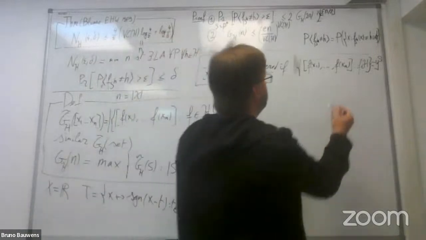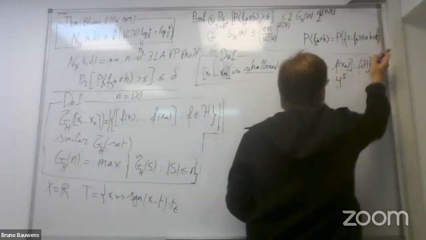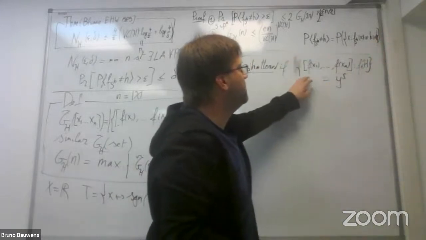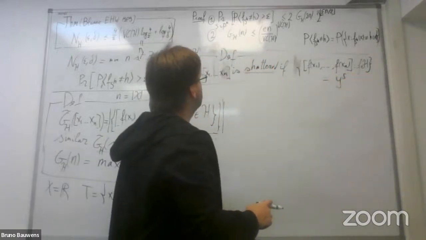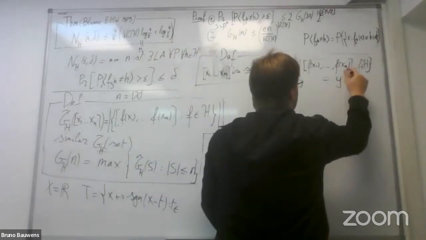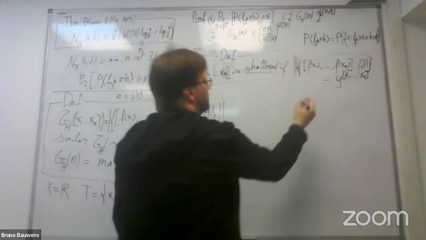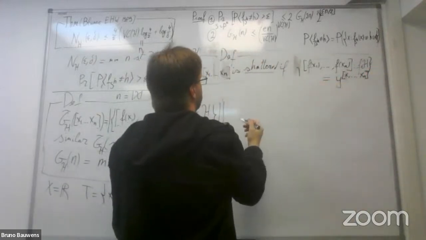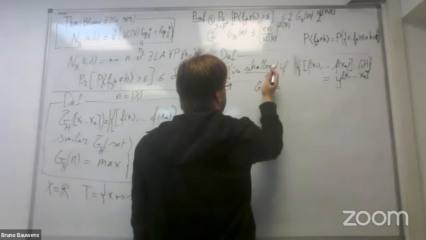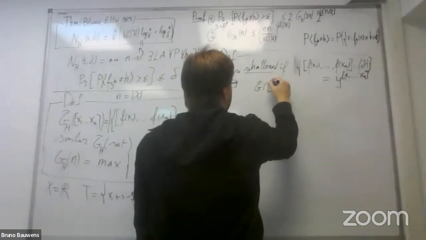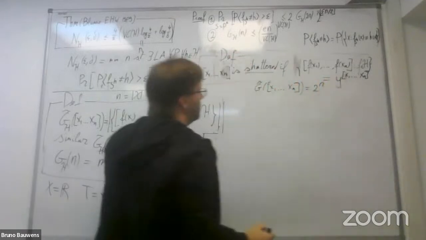So here, if this set is equal to Y to the S, the set of all functions from S to Y, that means that the size is equal to 2 to the power size of S. Or equivalently, if the growth function of x1 till xn is 2 to the power n.